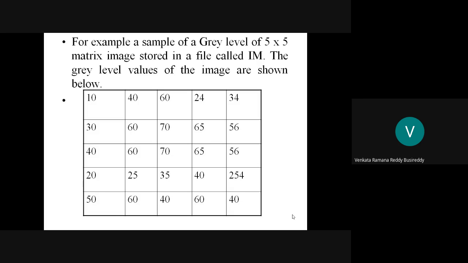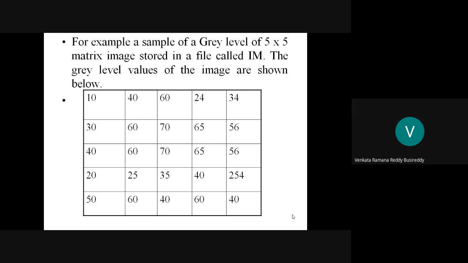So, for example, I take one image. I'm not going to take a 512 by 512 image; I just take this small image: 1, 2, 3, 4, 5 rows and 5 columns.